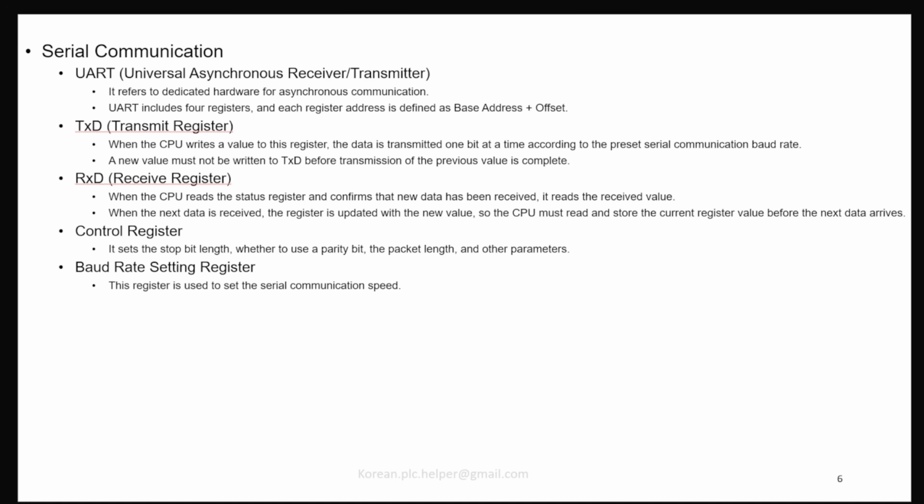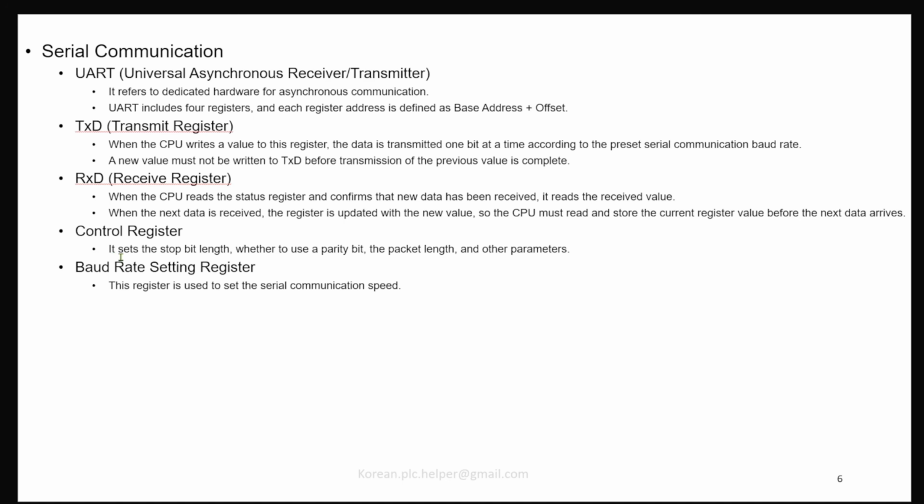UART generally consists of several registers. Here, look at four main registers. The first register is the transmit register. Second is the receive register. Third is the control register. Fourth is the baud rate setting register.